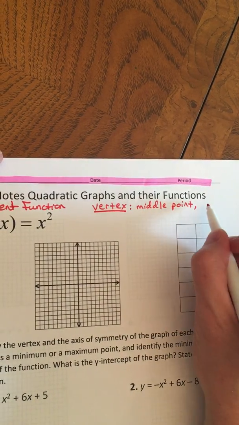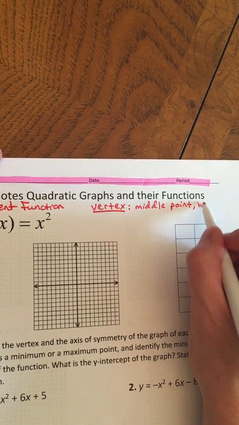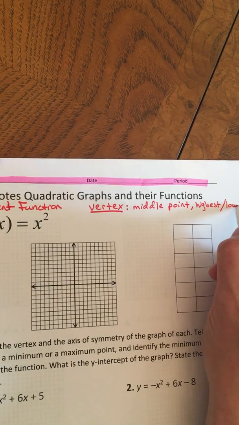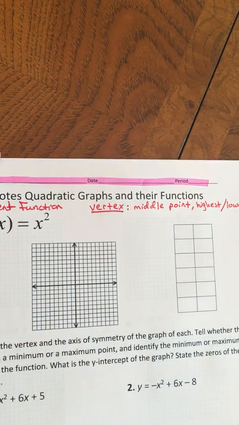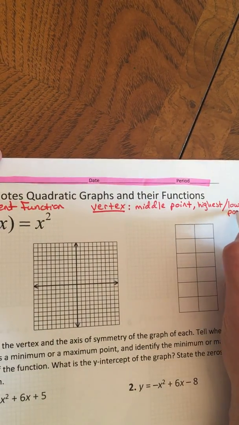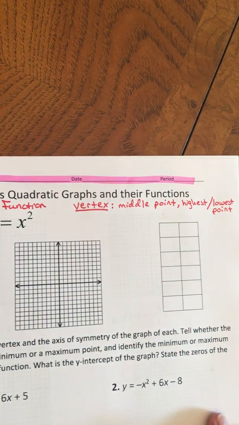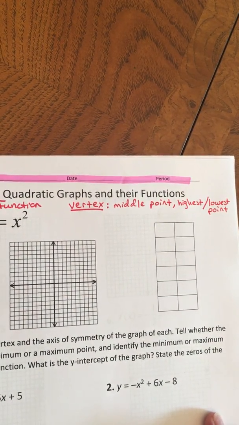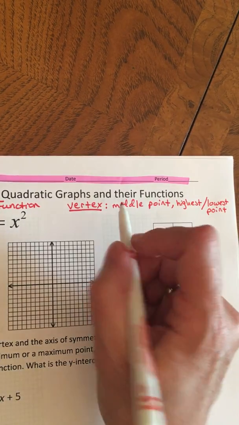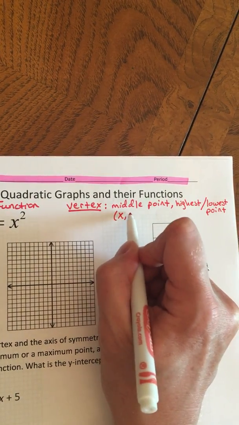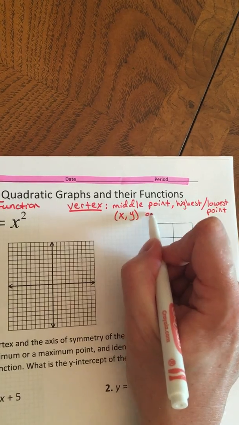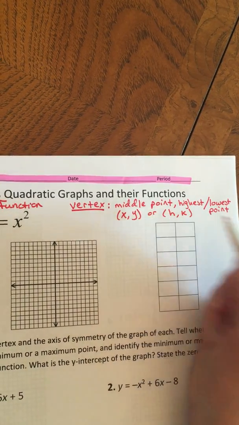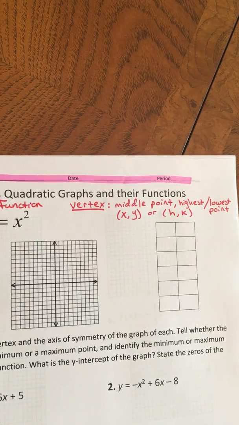It'll be at your highest or lowest point. And it can be an XY coordinate point, or it can be listed as an HK coordinate point that we will discuss later on.